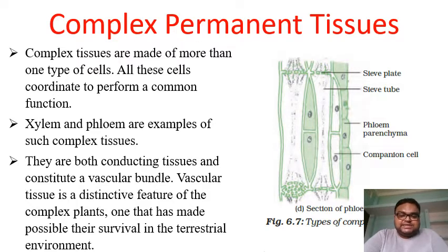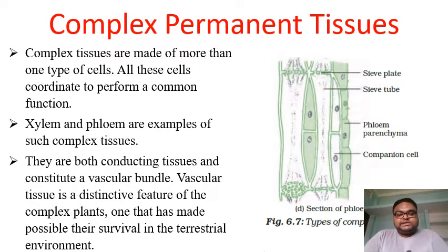And all these cells coordinate to perform a specific function, and the name of that function is determined by which cell it is in, which tissue it is formed in, right?